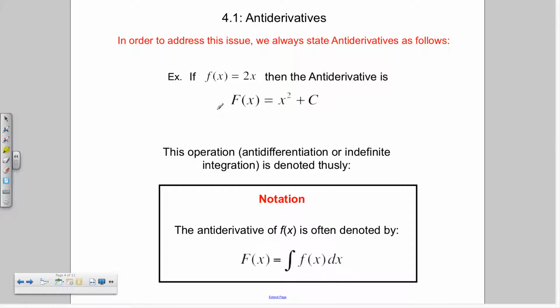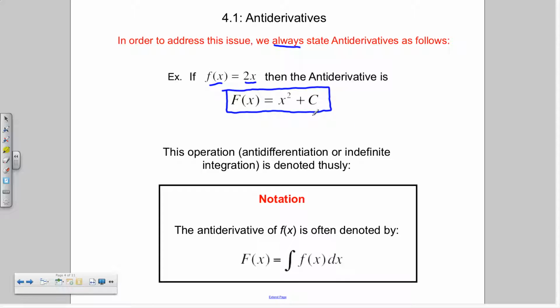Okay. In order to address this issue, we always state antiderivatives as follows. If f of x equals 2x, then the antiderivative is capital F of x equals x squared plus c.